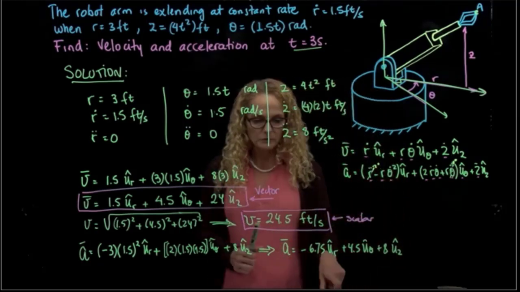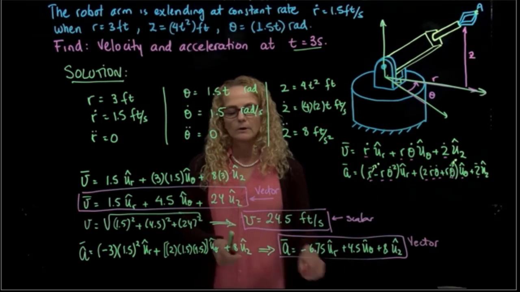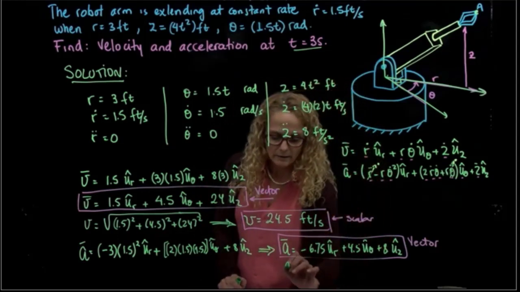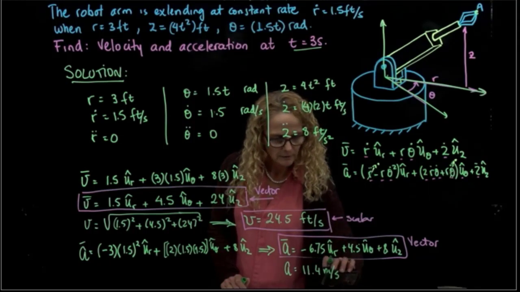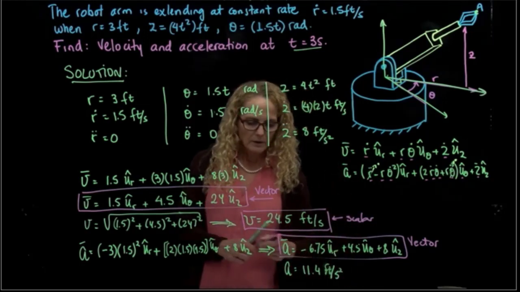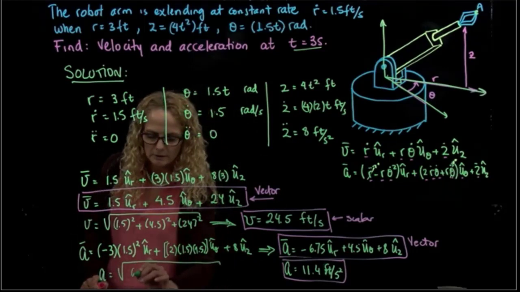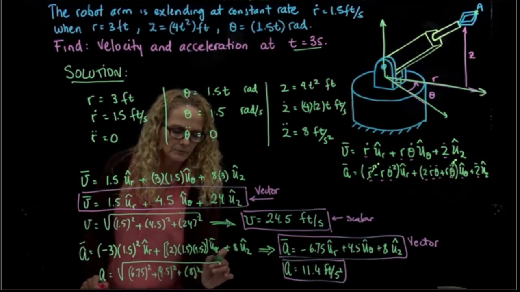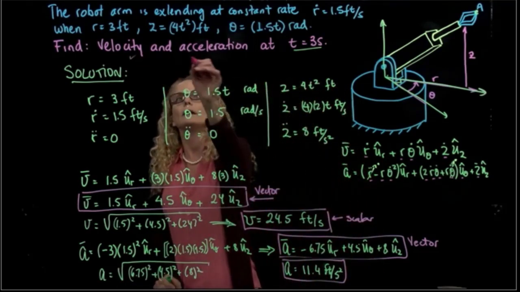Of course, this is a vector expression, as we did with the velocity. If we want to get the magnitude, in the same way that we did for the velocity, we square every single component, take the square root, and we get the magnitude, which is about 8.2 feet per second squared. Remember that the magnitude is the square root of the sum of the squares of the components. And those are the two variables we were asked to find for t equals 3 seconds.